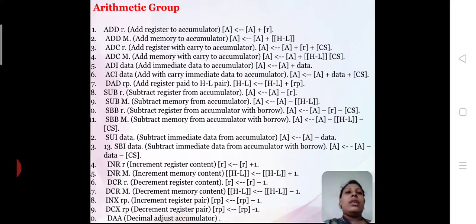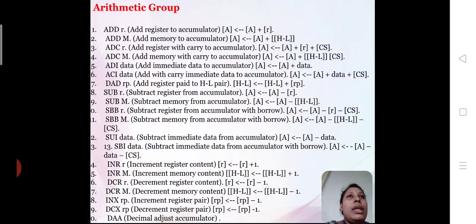So next, arithmetic group. The arithmetic group covers addition, subtraction, increment, and decrement operations. For example, the first one, let's see, ADD R. ADD R means here we are not giving any destination. We are giving the source. ADD R means add register to accumulator.